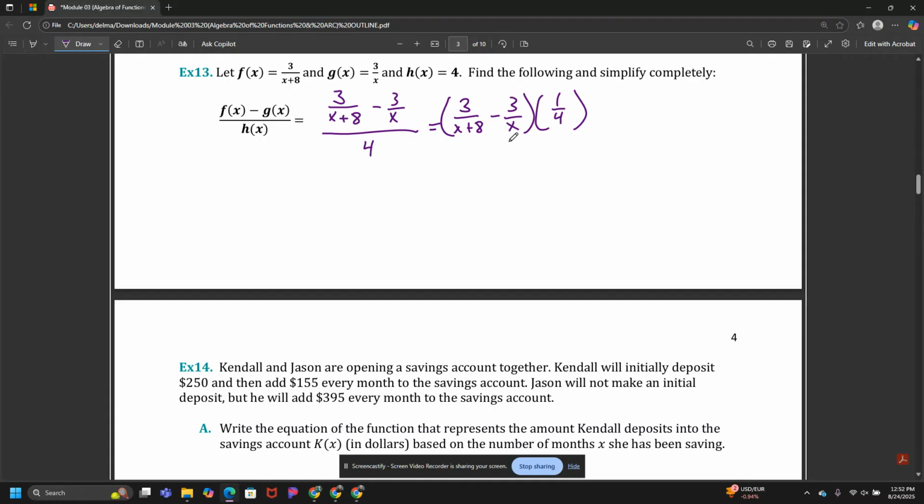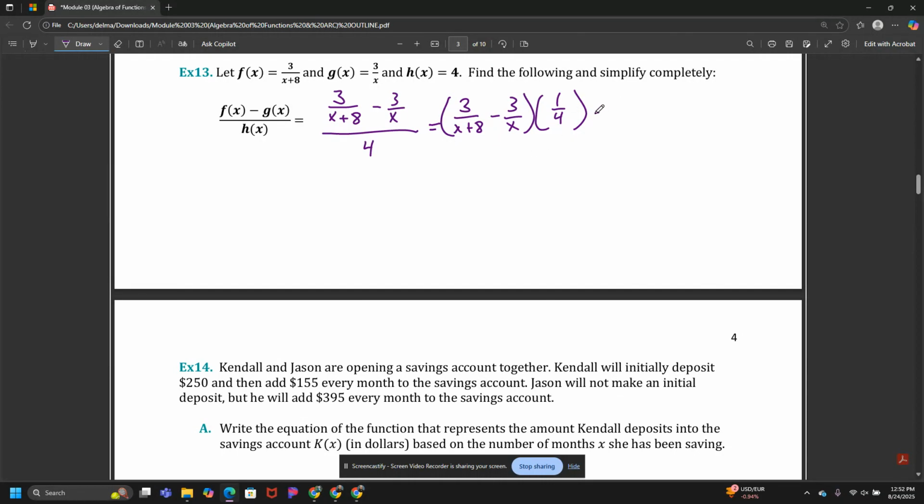Okay, so I don't yet have my common denominator. Right, so I need to get that. And that's going to be just like we did earlier.